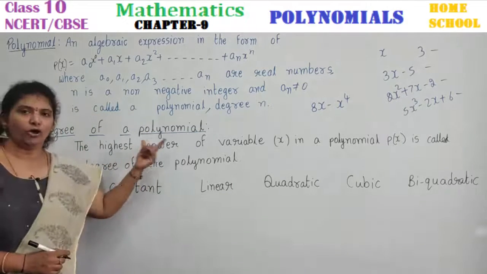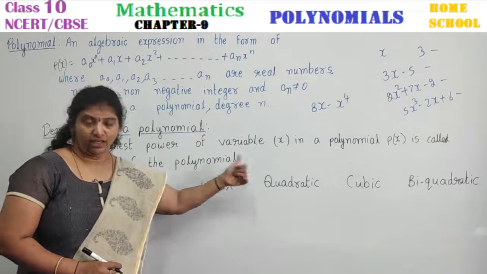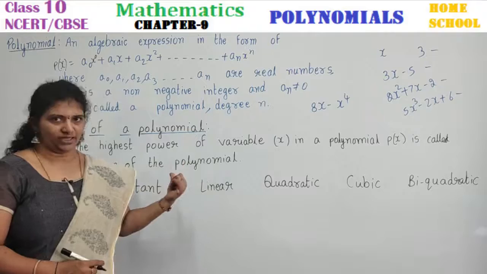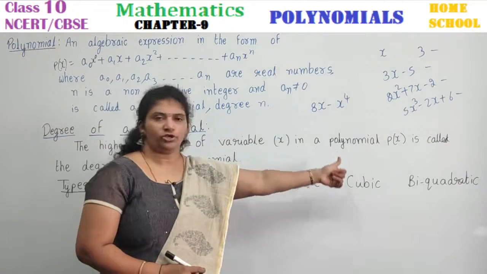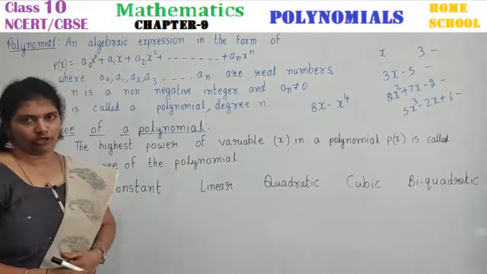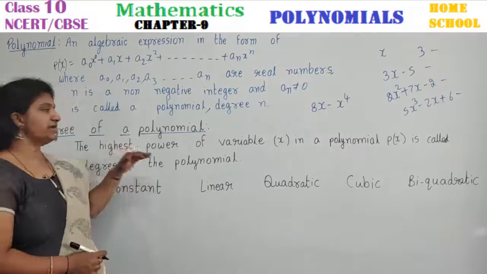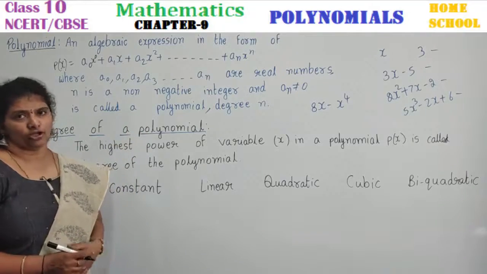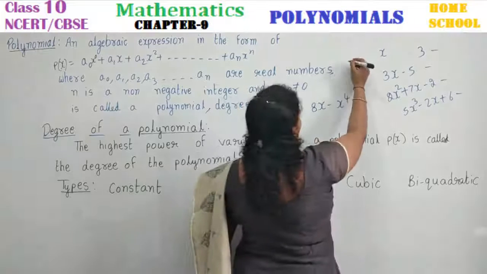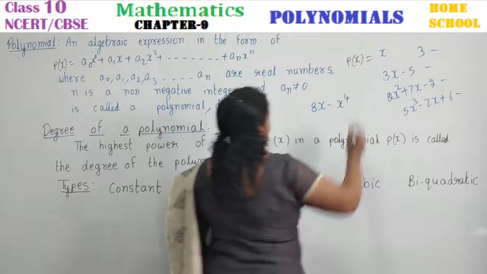Degree of a polynomial: the highest power of the variable you take in the given expression. The highest power of the variable in a polynomial p of x is called the degree of the polynomial. So what is the degree, children? It's the highest power of a variable in a polynomial. Suppose I take the variable x, so p of x is equal to x.